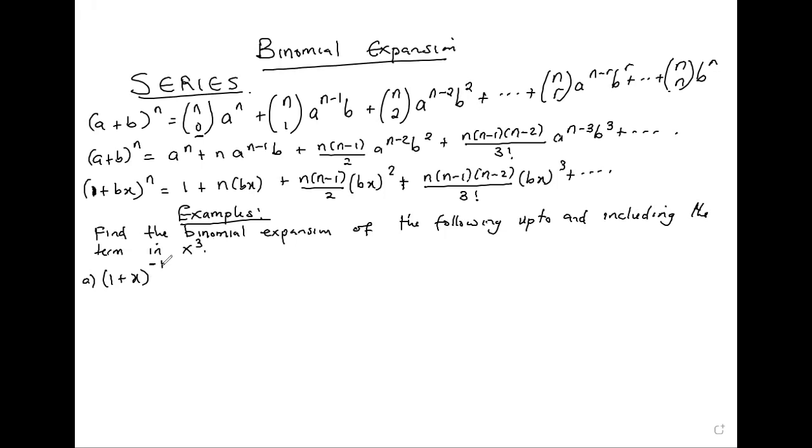So in this case, I will see that from these expansions here, our n is -1. We have 1, then the whole bx is just x in this case.